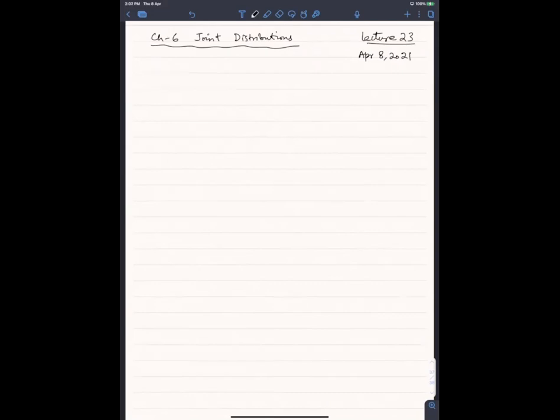The joint PMF of x and y is the probability that the random variable x takes a value small x and the random variable y takes the value small y. That's the joint PMF. Similarly, we have a definition for the joint PDF as well as for the joint CDF.